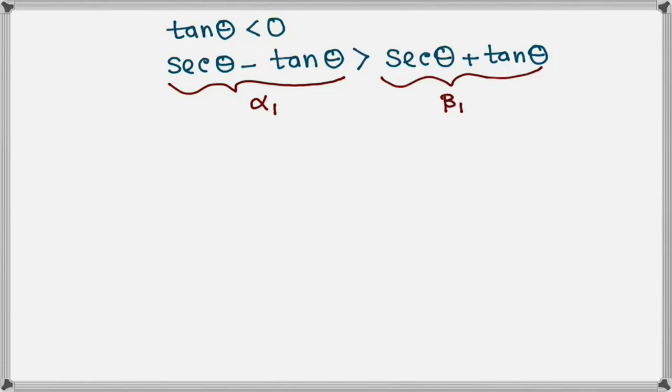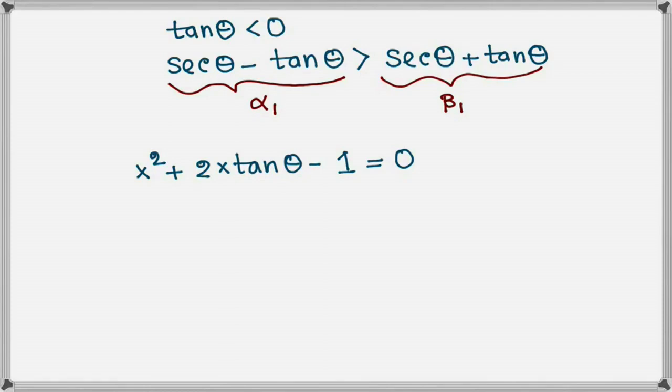Next we consider the second quadratic equation, which is x square plus 2x tan theta minus 1 equals to 0.